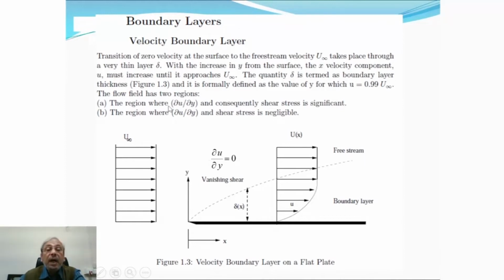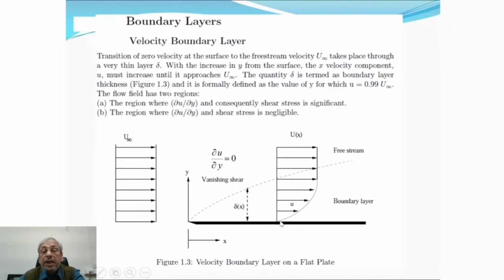The region where del u del y and consequently shear stress is significant. So here within this we can see the obvious presence of del u del y because of the velocity gradient.